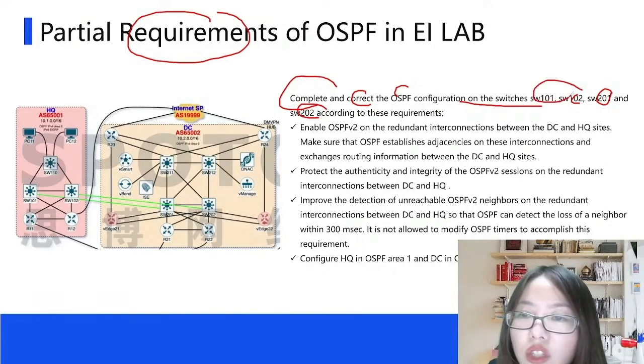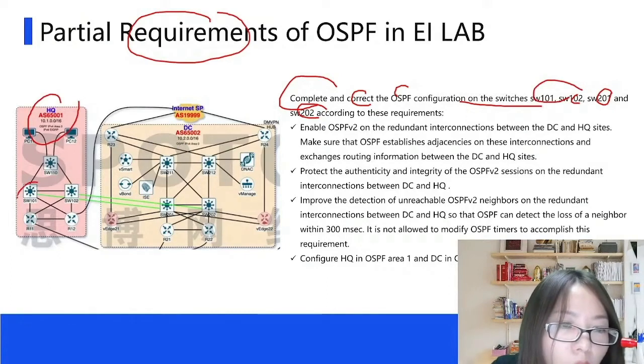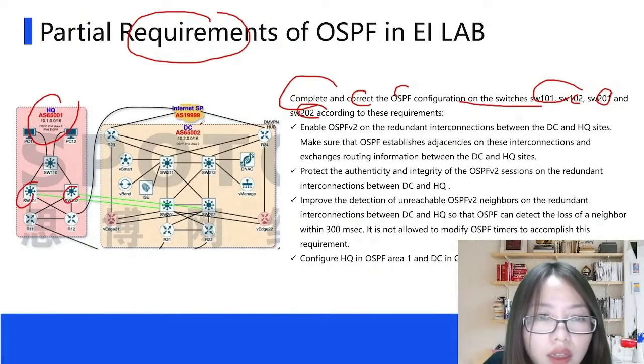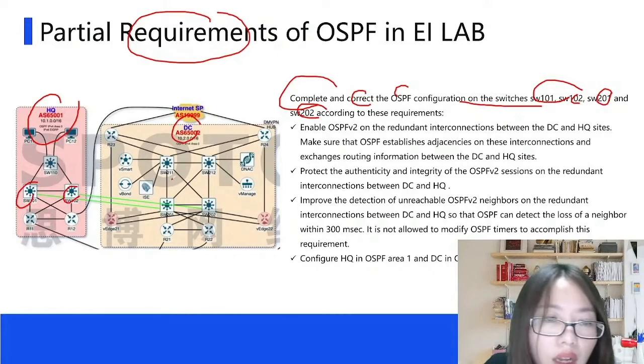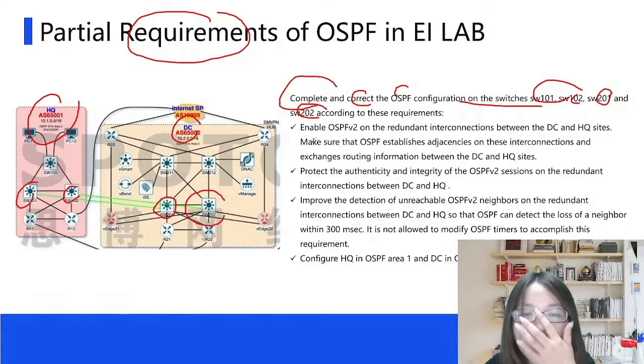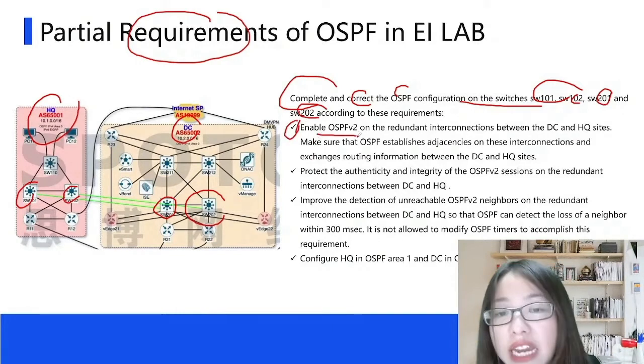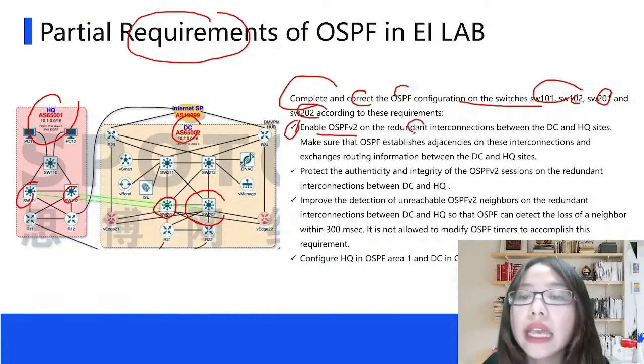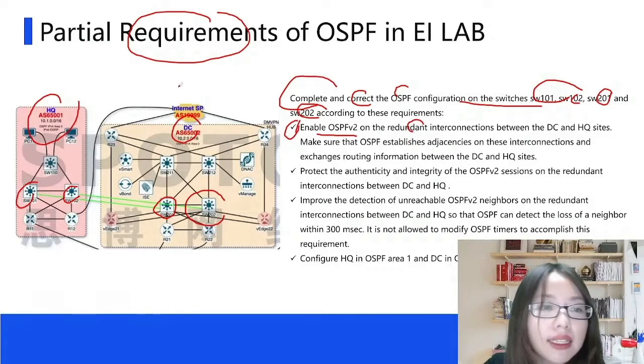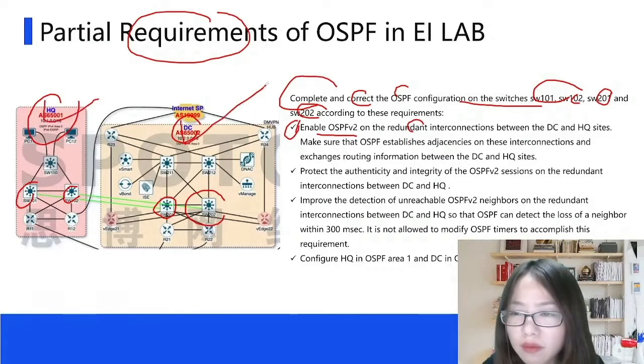Switches 101 and 102 are in HQ, and switches 201 and 202 are in the DC. First, we are required to enable OSPF v2 on the redundant interconnection between the DC and HQ.